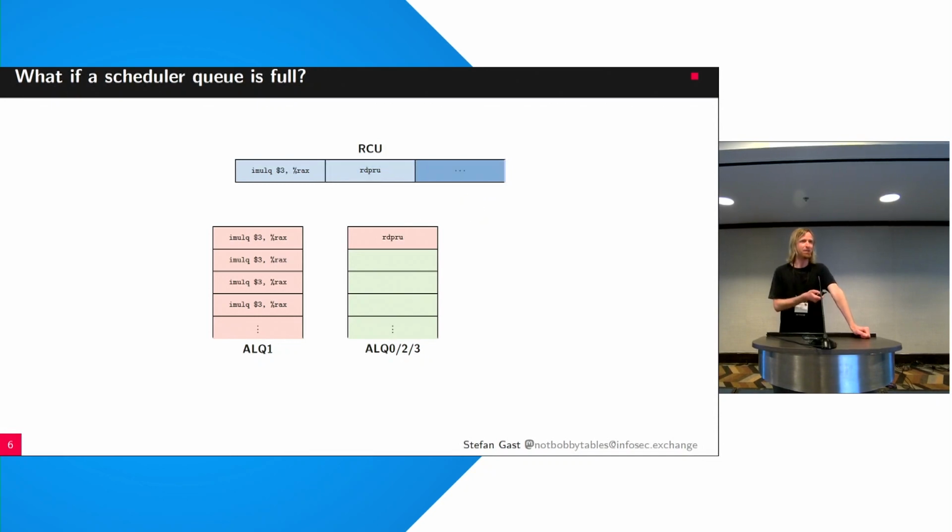But on the other hand, what happens if the queue for the multiplications is already full?